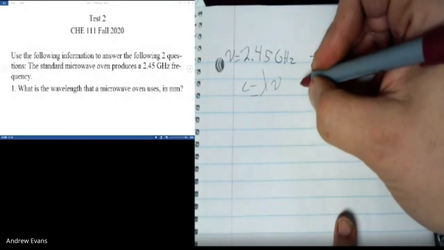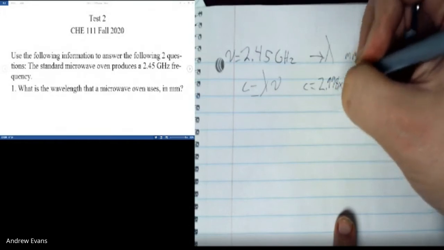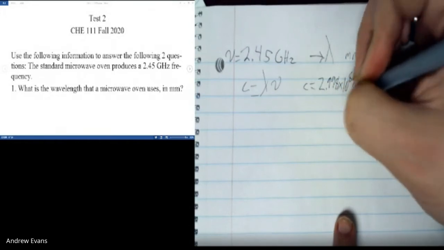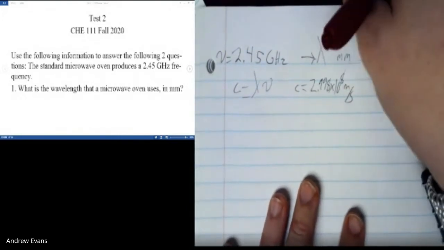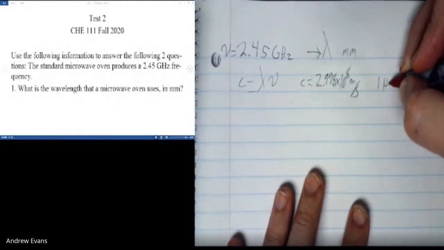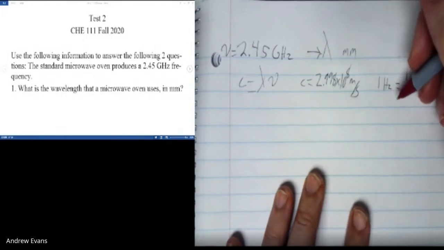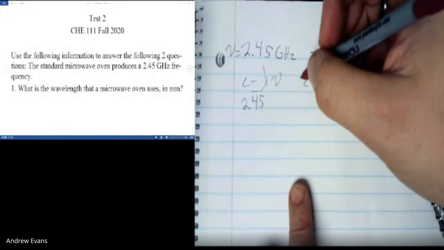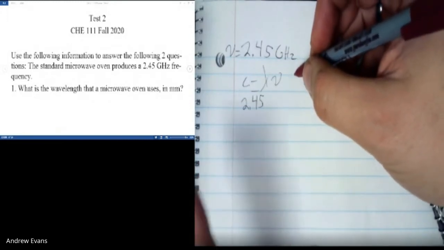And c is a constant at 2.998 times 10 to the 8th meters per second. One thing we have to note is that 1 hertz is equal to 1 inverse second. So we have to turn gigahertz into hertz. We have hertz, kilohertz, megahertz, gigahertz.